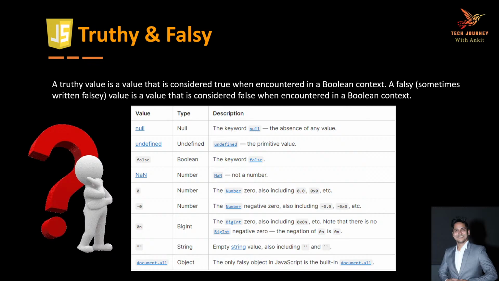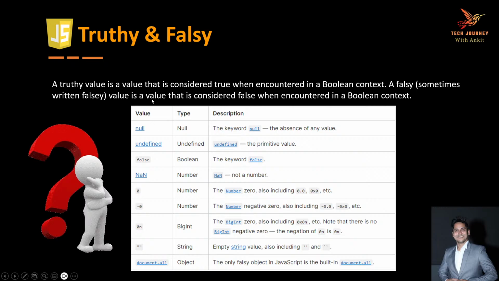If you have a value which is NaN, not a number, it will be considered as a falsy value. Okay. Similarly, in case you go for 0, -0, everything will be considered as a falsy value. Right? So except the values that you can see on the screen, everything else in JavaScript will be considered as a truthy value.